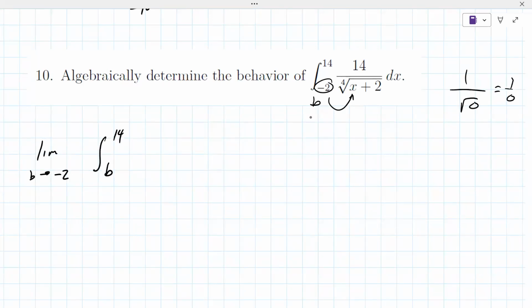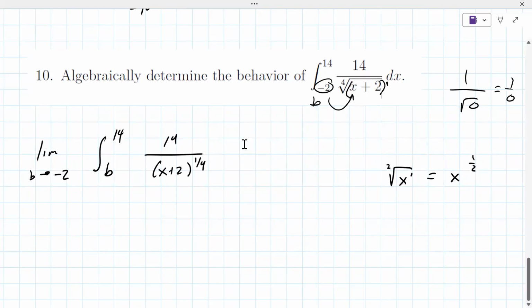Now I'm going to do a rewrite here. This is to the 1/4 power. If you remember, square root of x is really x to the 1/2. If it's on the bottom, that's okay. It's really x plus 1 to the power of 1. Fourth root becomes 1/4.